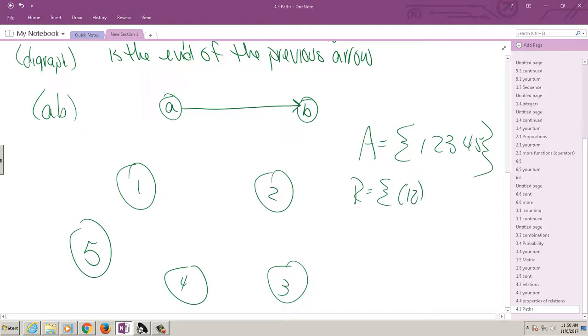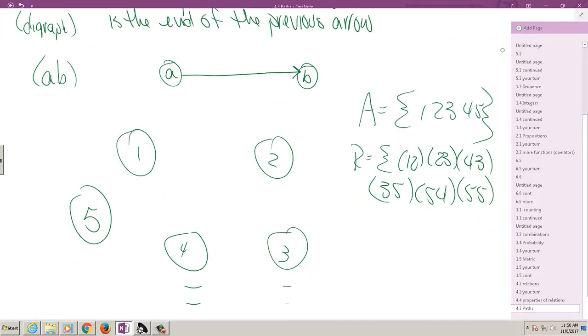We have the relation 1, 2, and I have 2, 3, and we have 4, 3, and I have 3, 5, 5, 4, 5, 5.